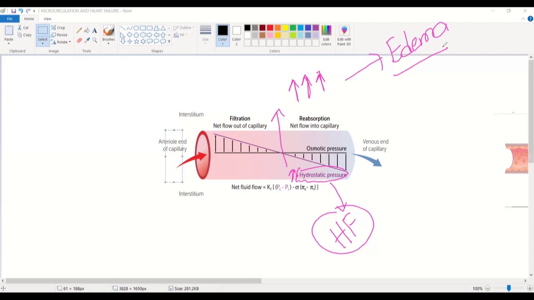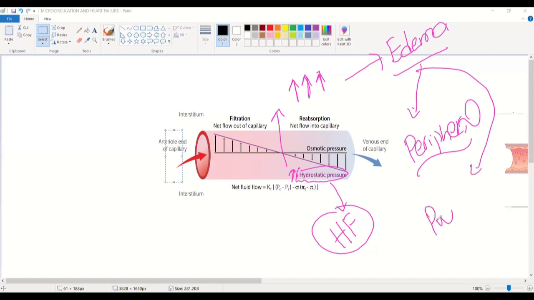If it is in peripheral tissue, then it is known as peripheral edema, right? And if it is in the pulmonary vasculature, then it is known as pulmonary edema, right? Okay.